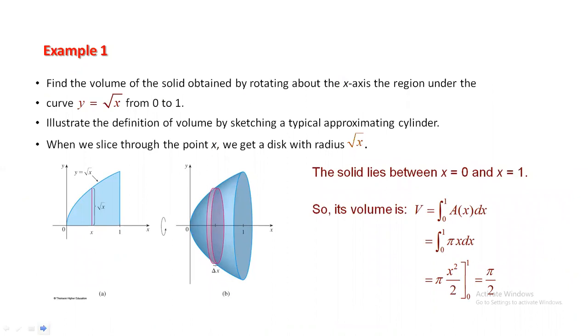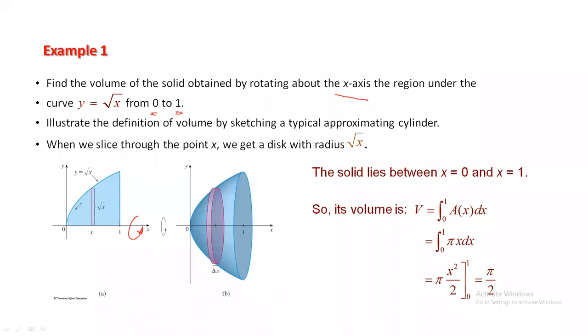Okay, so we have this example. Find the volume of the solid specifically by rotating about the x-axis. So the problem is specific. It wants the x-axis to be the axis of rotation. So by rotating around the x-axis, the region under the curve y equal to the square root of x, with limits 0 to 1.